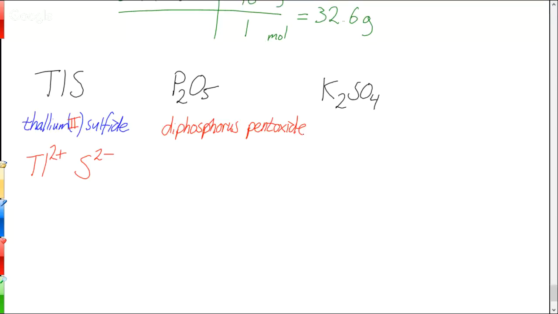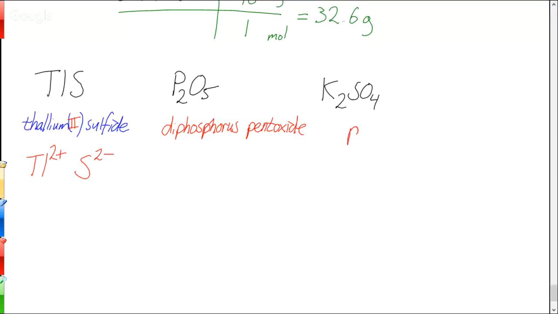And then finally, we have another ionic compound. What are the names of the two ions here? Potassium is one, and sulfate is the other. So not sulfide, but sulfate. Be careful, they're very similar words, but very different ions.